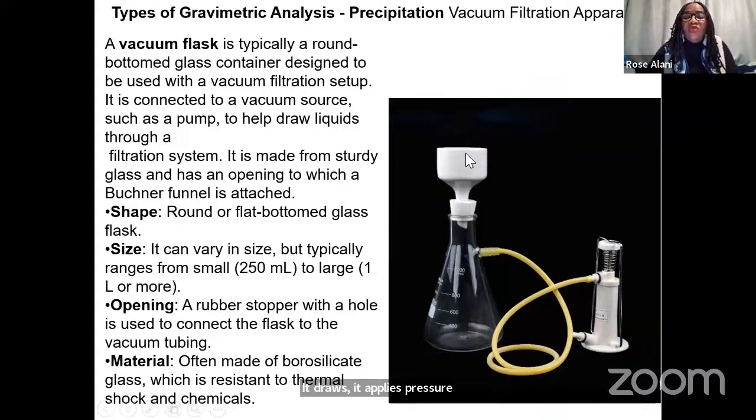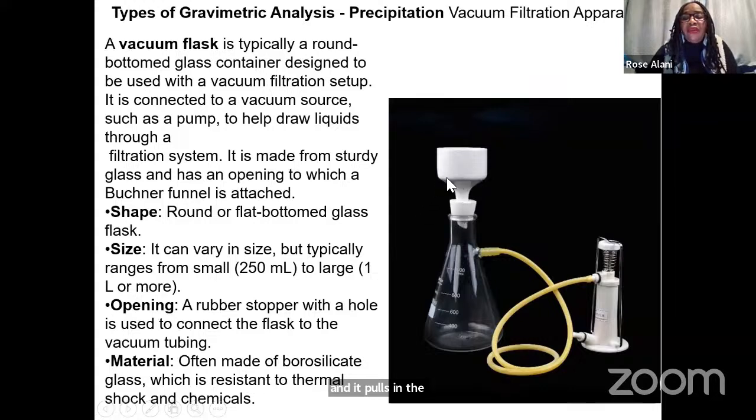This one, the white one on the top of that flask, is the Buckner funnel, where you pour in the liquid that is containing your precipitate. There's a filter inside the Buckner funnel. You pour it in and switch on the pump, and it pulls in the liquid and draws it in.